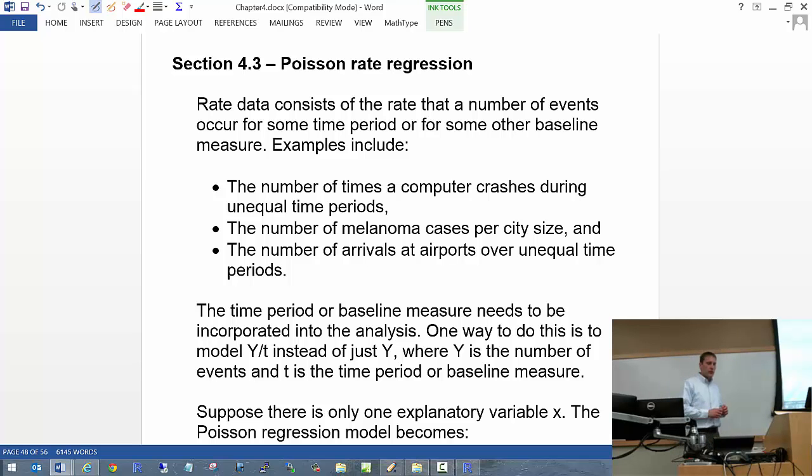Okay, so this is section 4.3, Poisson regression models. Now, oftentimes, when you observe a count response, you have to take into account the exposure length. What I mean by that is, let's say you go to Lincoln's Airport here, and for an hour you watch the number of planes that arrive, that land.